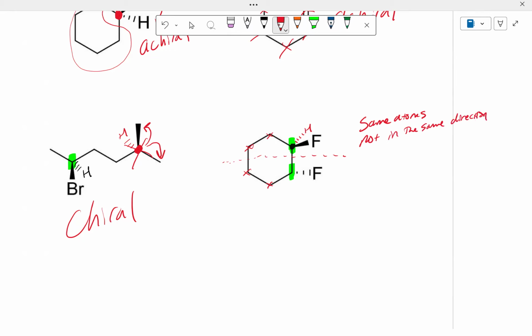In the top half, the fluorine is going up. In the bottom half, the fluorine is going down. So I have to have the same atoms in the same direction in order for there to be symmetry. So the result: no symmetry, which means the whole molecule is chiral.